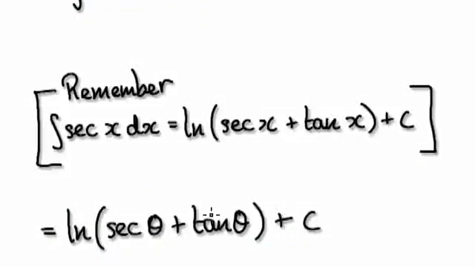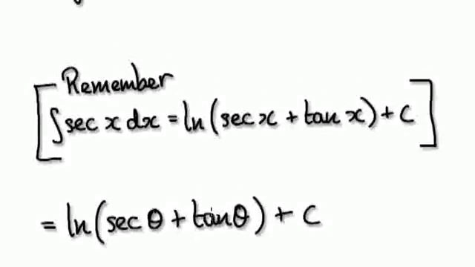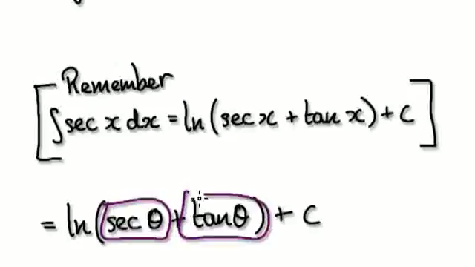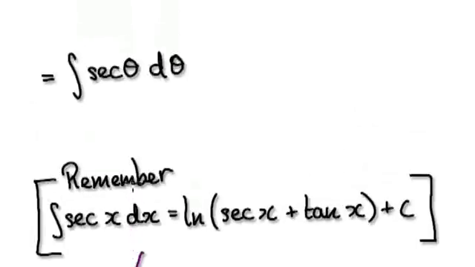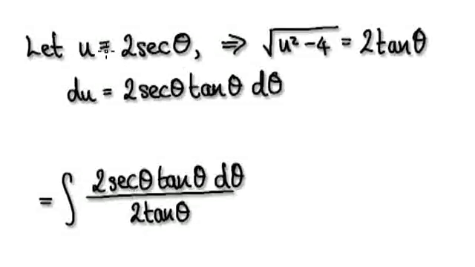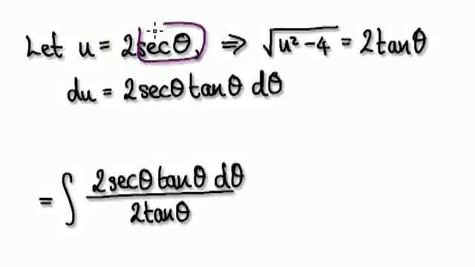Okay, it will then give us this. And then we remember, when you get to this stage here, scroll back to see what this is and what this is. Now let's just look at this. We said let u equal this thing here, so sec theta is actually u over 2.